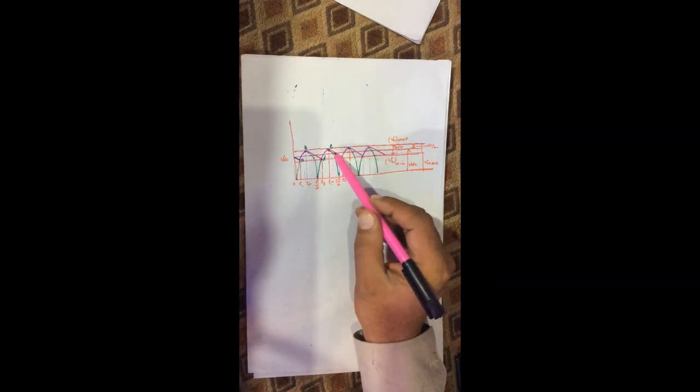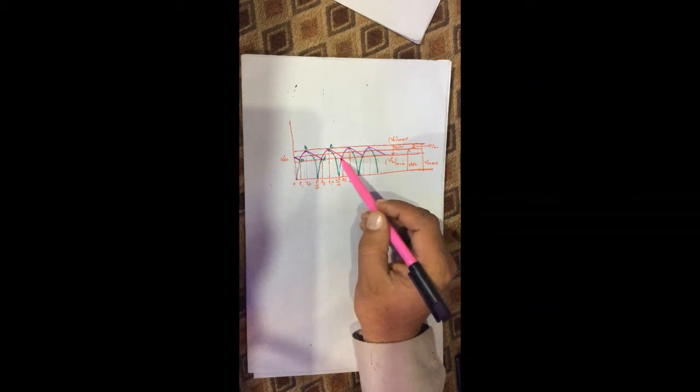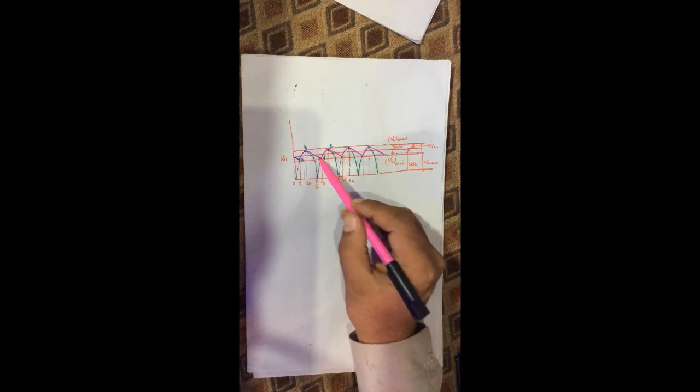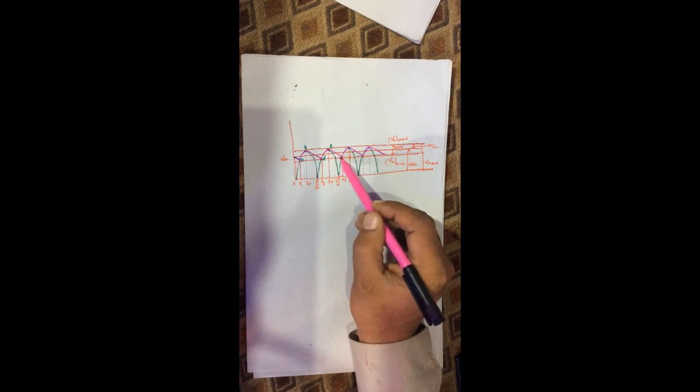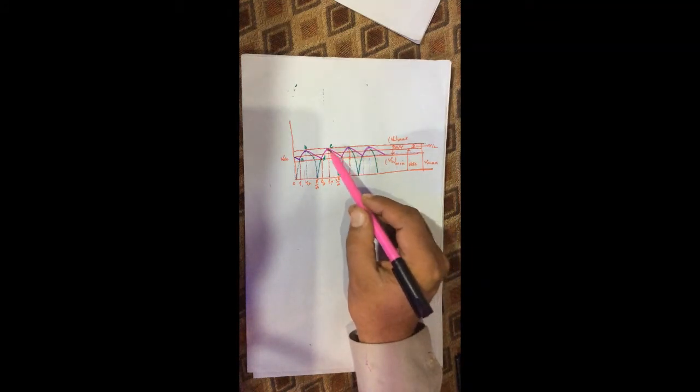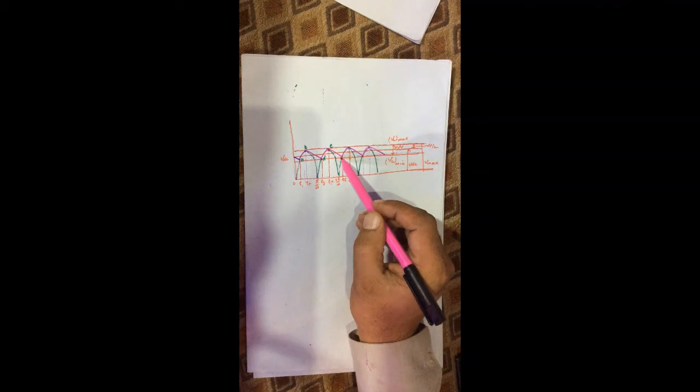Now the capacitor gets discharged again. This is the discharging of the capacitor: charging, discharging, charging, discharging. This discharge is through the load resistance RL, which maintains a constant current in the output.